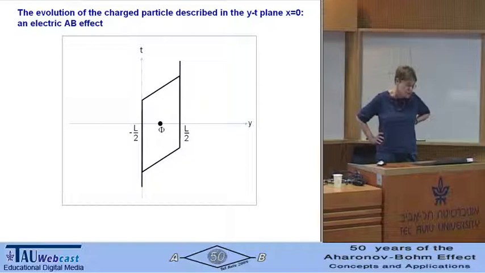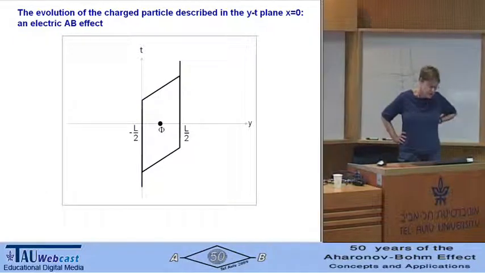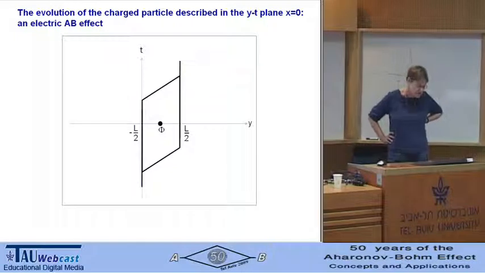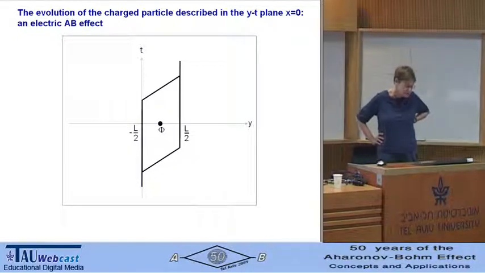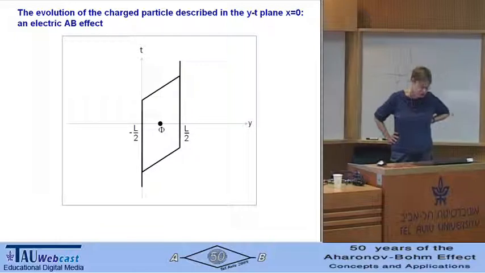This occurs in the plane x equals 0. And as I showed before, this change in the relative phase is observable as a shift of the interference pattern of the external particle.